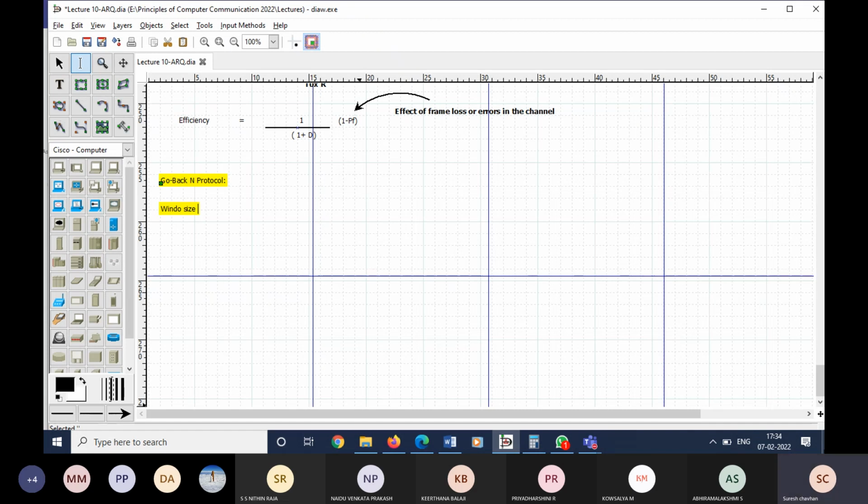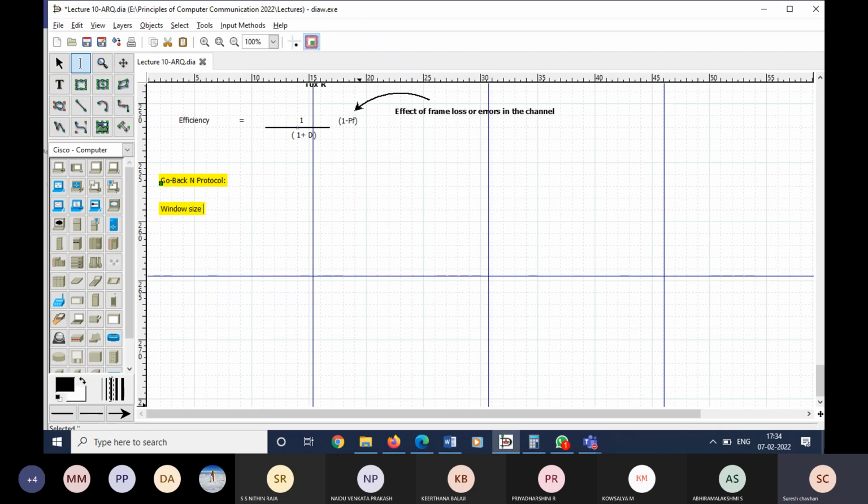And how to calculate this window size? Window size will be calculated depending upon the number of bits we use for sequencing the frames, right? In the earlier case, we used only one bit, 0 or 1. Here we can use any number of bits, right?